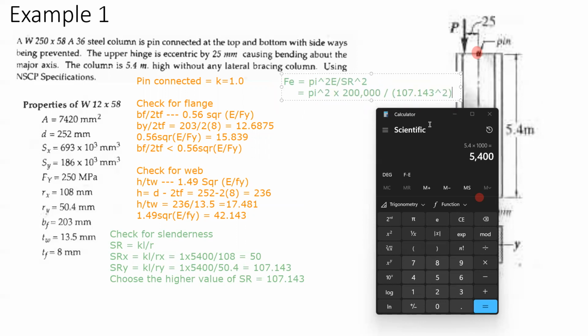So let's solve for that. We have pi squared times 200,000 divided by 107.143 squared. And our answer for FE would be equal to 171.95 megapascal.